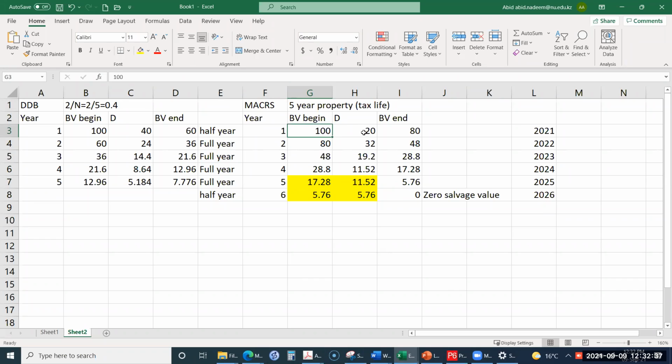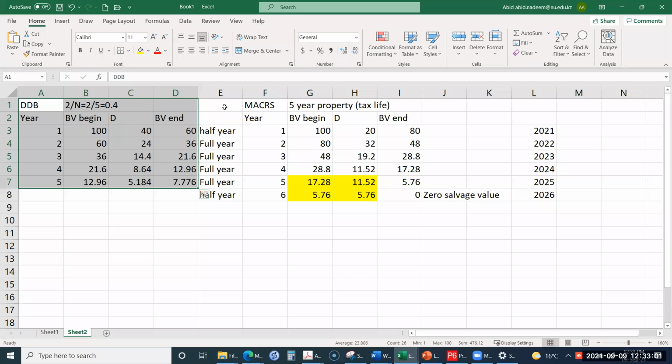Is it applied now in the US, for instance? Yes, not DDB, MACRS is applied now, actually. MACRS is a system. DDB is just a generic method which can be applied anywhere.